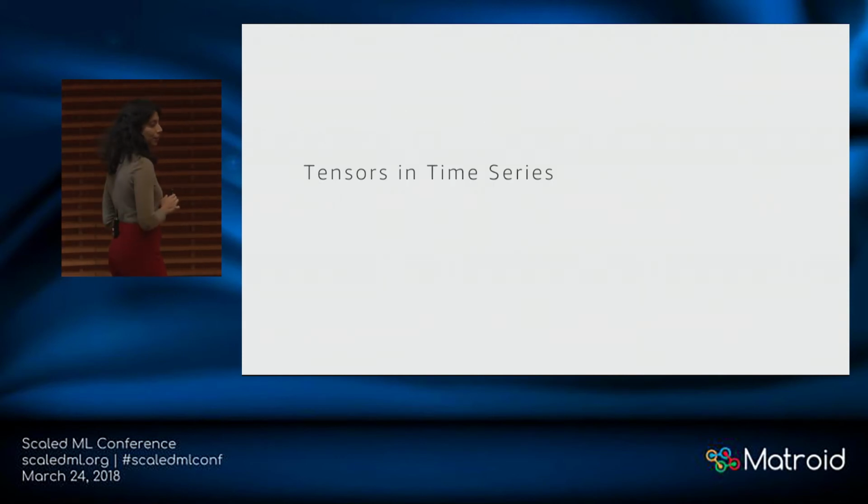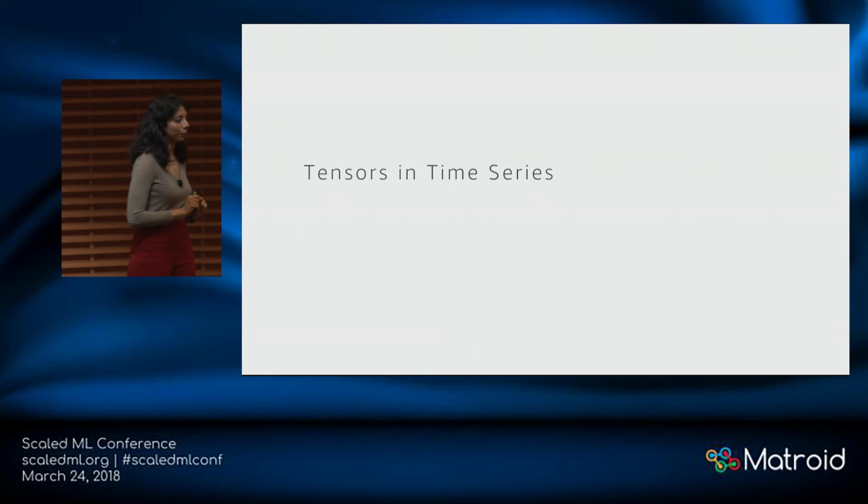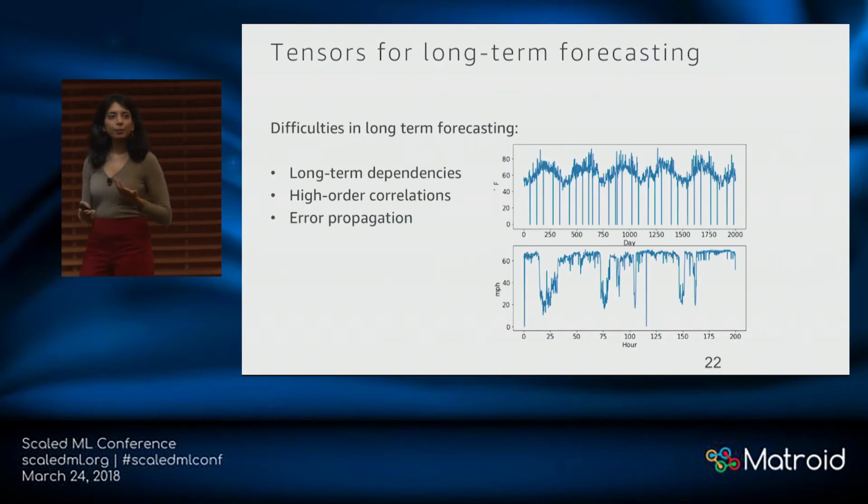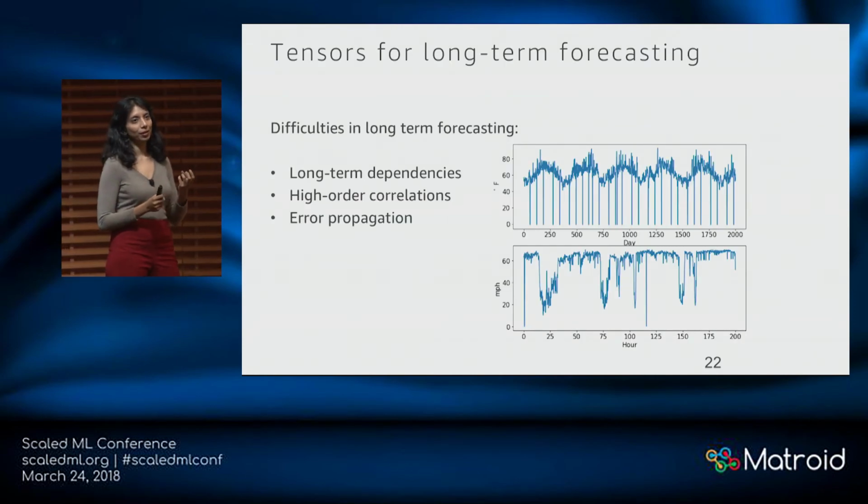So there are other forms in which you can use tensors. As I said, time is now another dimension. So you have some observations at each time point, and now you have to think about how to do forecasting in time series efficiently. And this is a very challenging problem because you can have long-term dependencies, and there can be a lot of chaotic behavior.